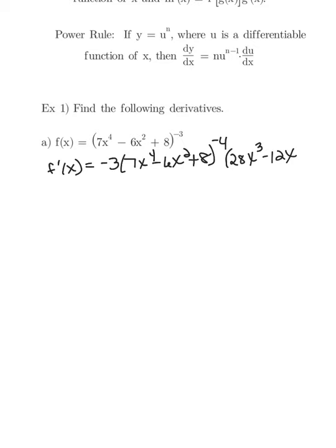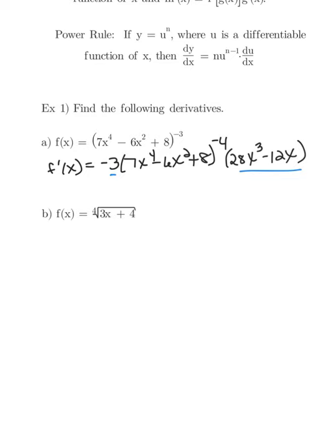The derivative of 8 is 0, so that's the derivative of the inside. You can just leave this as it is here. If you really, really want to, you could take the -3 and distribute it here. You cannot distribute it on the quantity to the power because you cannot distribute when there is a power on your quantity.